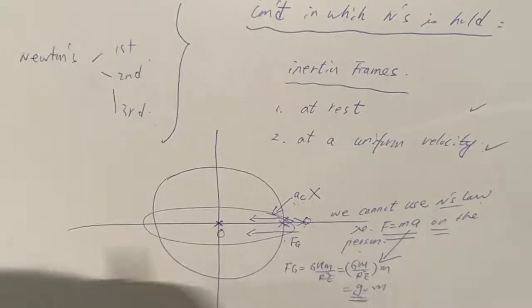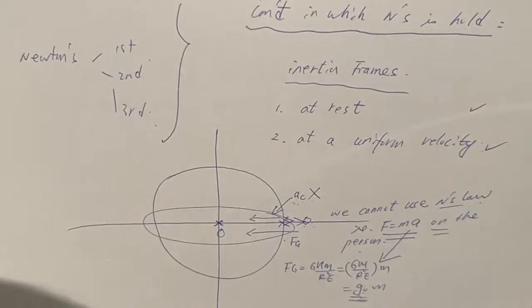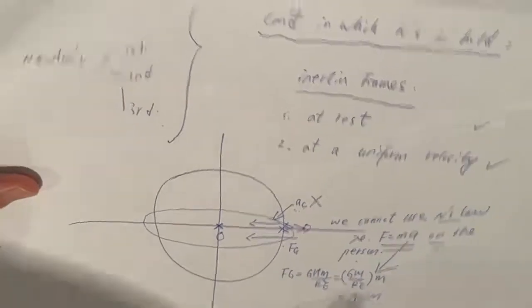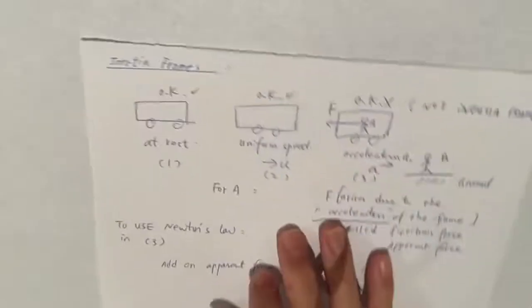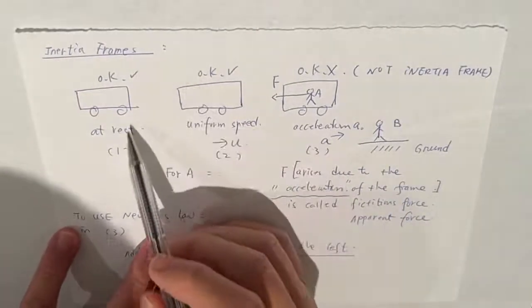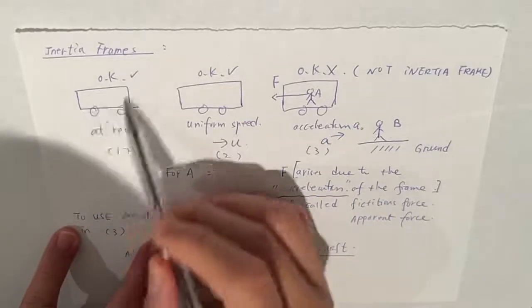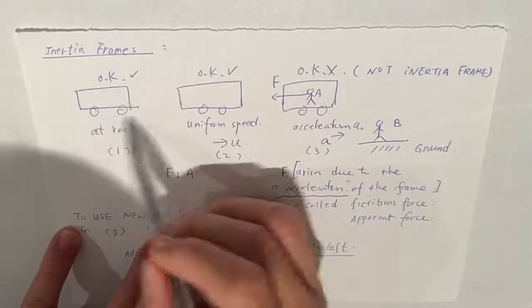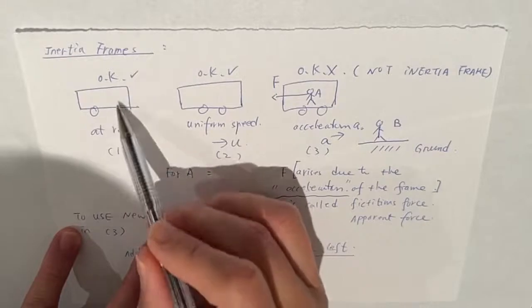Suppose, to save time, I draw a diagram first here. Suppose this is a small car, or a train, and it is at rest. So we call this an inertial frame.